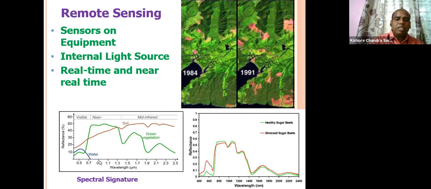As the wavelength increases, if it is 0.9 micrometer, there will be no scope to find out if it is water or not, because the reflectance for water will be 0. Particularly at this wavelength we can know whether it is water or not.